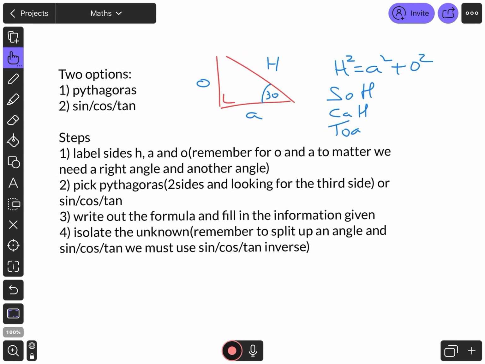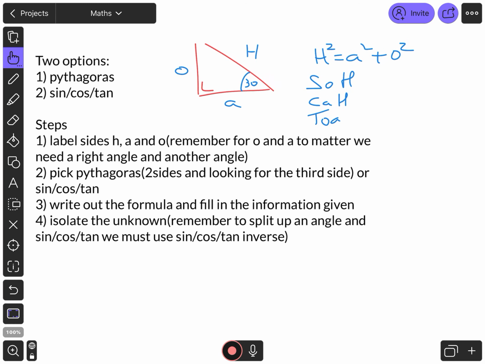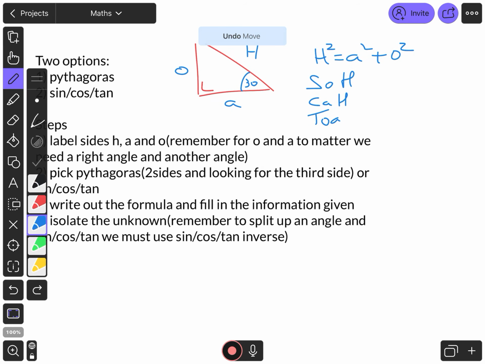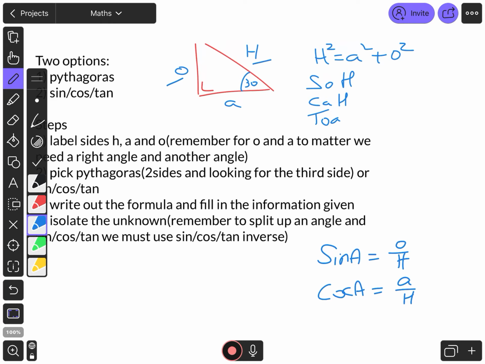Okay, so what that means then, just if we can't remember, is sine goes with O and H, so that means that sine of any angle, A for capital for an angle, is O over H. Sorry, I'm just saying that A over H, that should be O over H. Cos of any angle is going to be A over H. So for sine, it's this over this as a fraction, and for cos, it's this over this as a fraction.